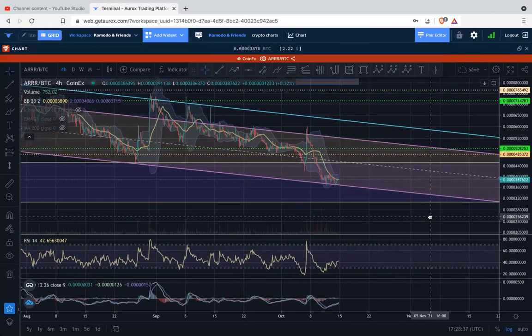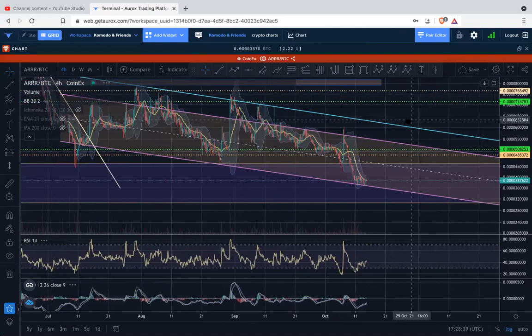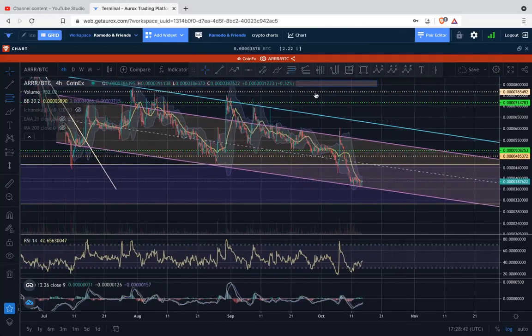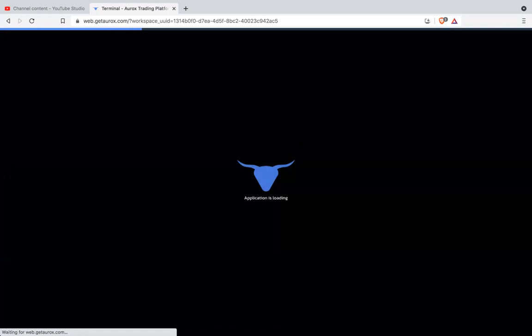Okay, so we're looking at levels of relativity, using the Fibonacci retracement and extension tool.